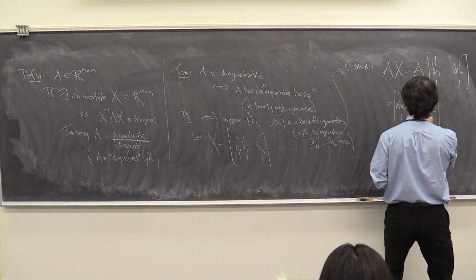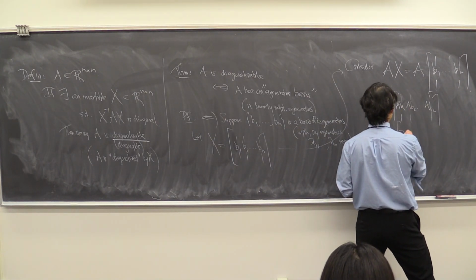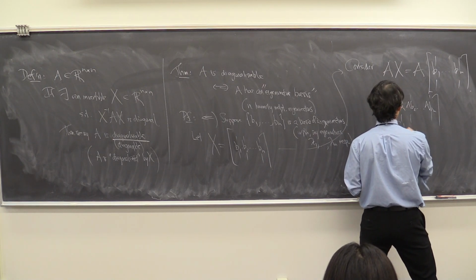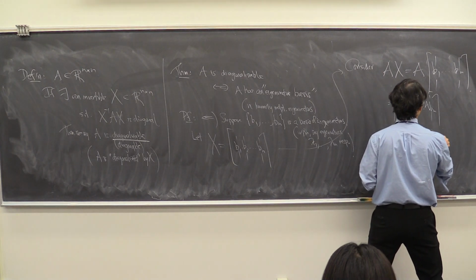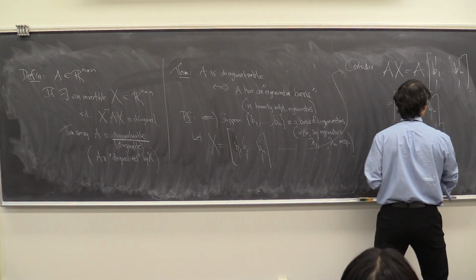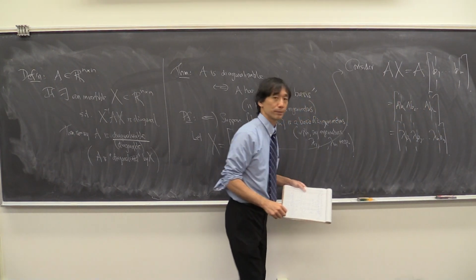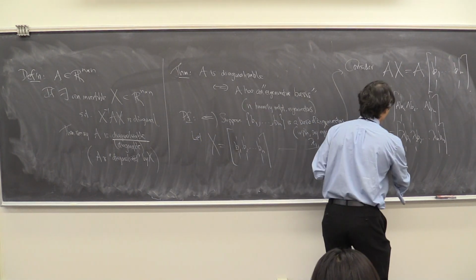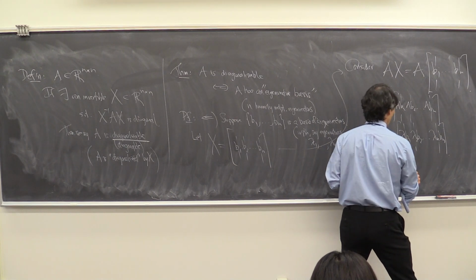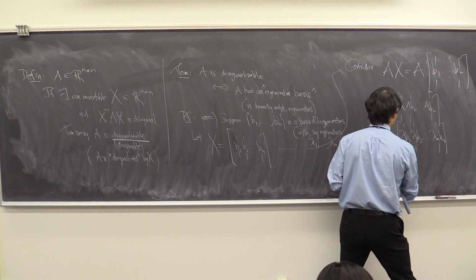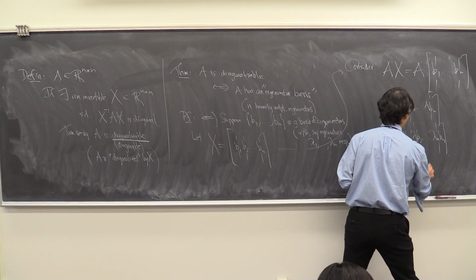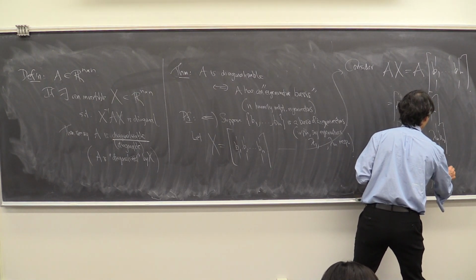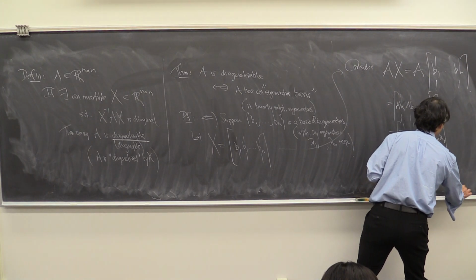Now I can write down what this is. It's lambda 1 b1, the second column is lambda 2 b2, et cetera, through lambda n bn. Which I'm going to rewrite as b1 through bn times the diagonal matrix with lambda 1, lambda 2, lambda 3 through lambda n.